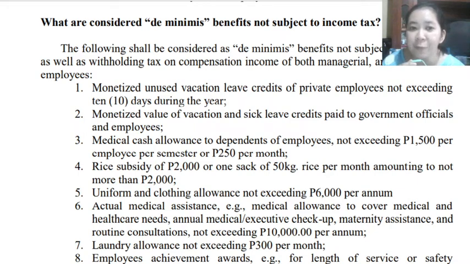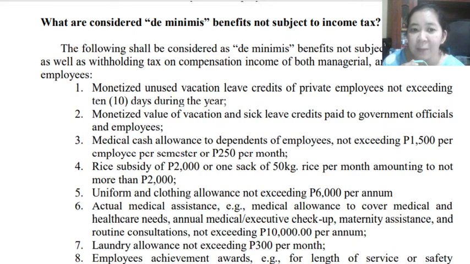Okay. Fourth, rice subsidy of 2,000, or that is equivalent to 1 sack of 50 kilograms of rice per month, amounting to not more than 2,000. Okay. Fifth, uniform and clothing allowance not exceeding 6,000 per year is non-taxable.